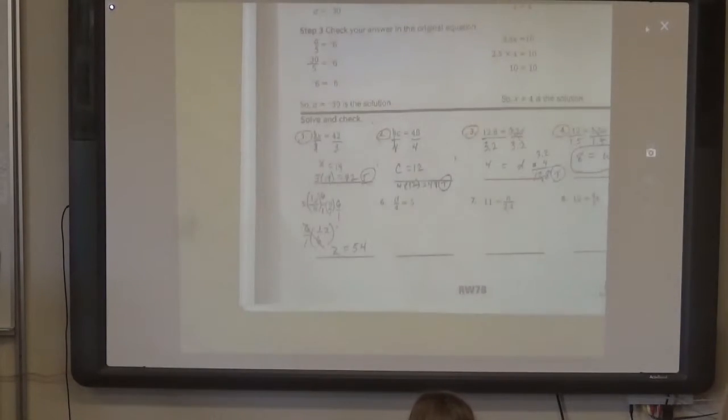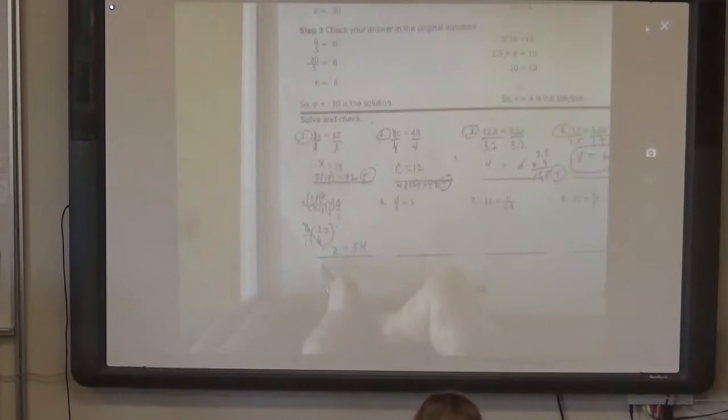Then we have to check it. Where does z go in the original equation? Abby? Yep. At the start of the equation. So what was on the left side? Z over 6. Right here. Yep, that's what it says.